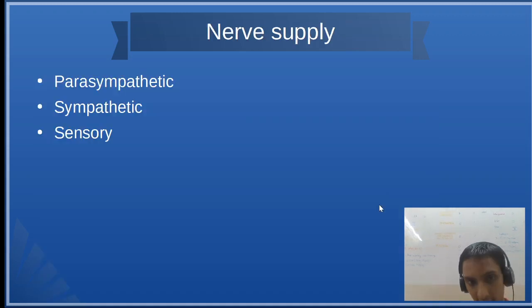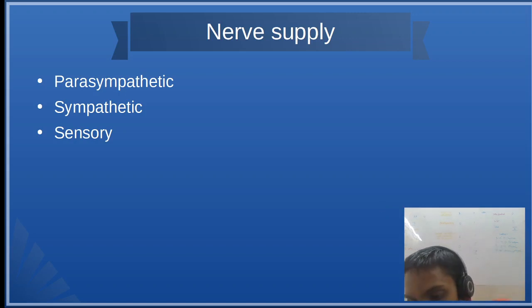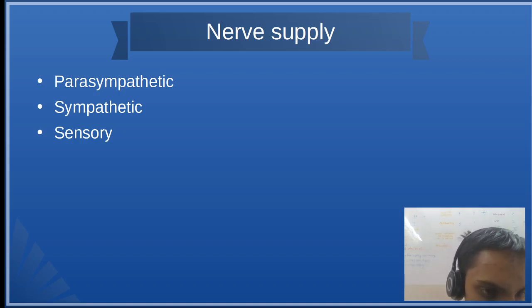So nerve supply: parasympathetic, sympathetic and sensory. Sensory is the ansa cervicalis, C2 C3. Sympathetic is the T1 of the spinal cord.